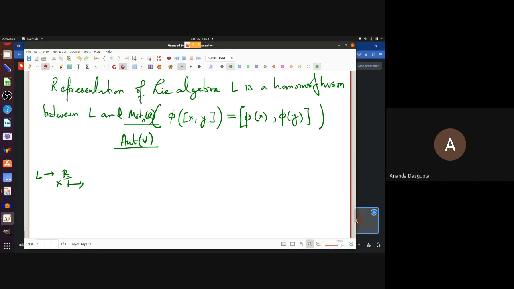Let's not worry about R right now. That might be confusing you. Let's talk about phi as some homomorphism between L and not End V, but actually some algebra of End V. For the same reason, it may not be all of End V. So what kind of map is it which ensures that this will happen trivially no matter what X and Y are? It's simple.